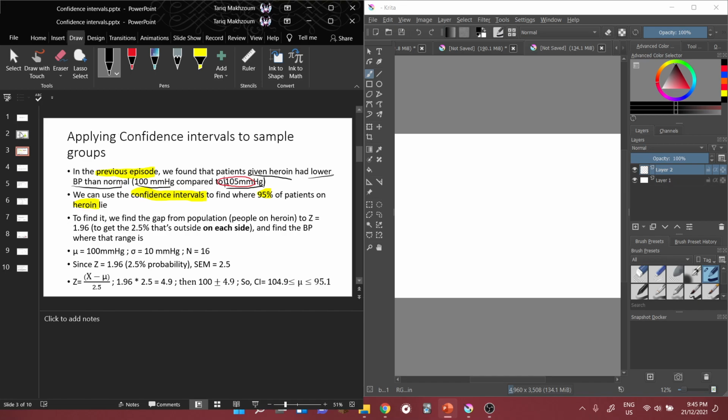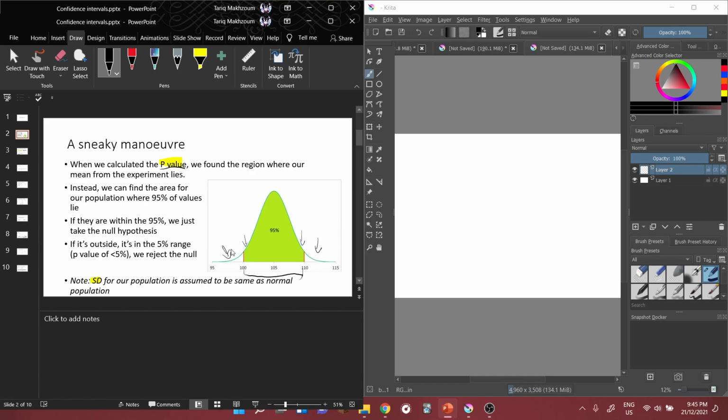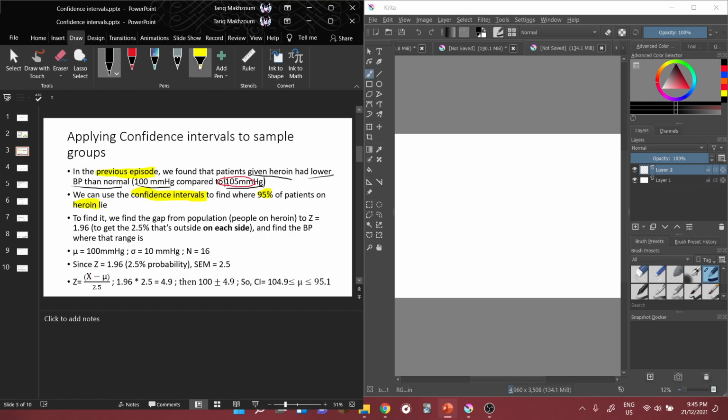Now remember, because 5% is both of these areas, each one of these areas has a probability of 2.5%. So on the z-table we look for a probability of 2.5%, and you'll find that that's 1.96. So our z-value is 1.96.